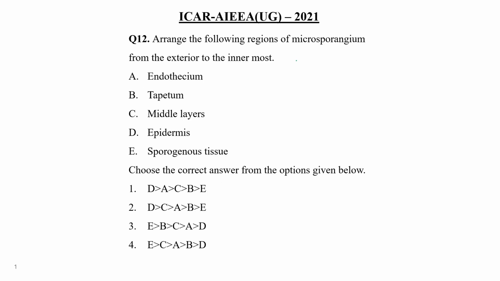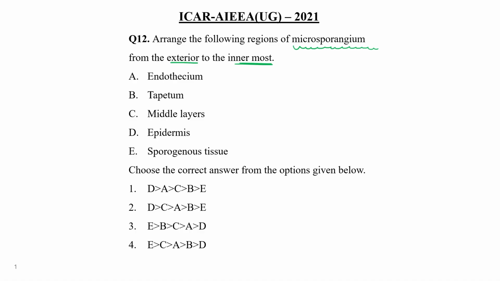Arrange the following regions of the microsporangium from the exterior to the innermost. To solve this kind of question, you have to remember the structure of the microsporangium, macrosporangium, both. If they are asking this type of structure-based questions also.